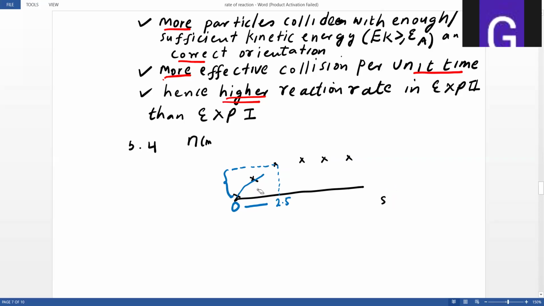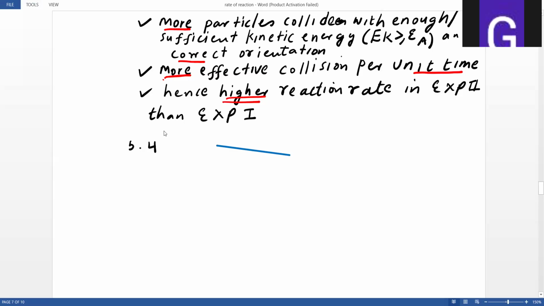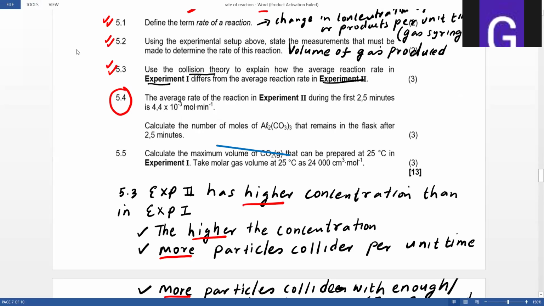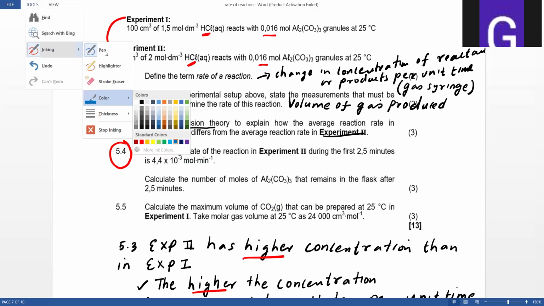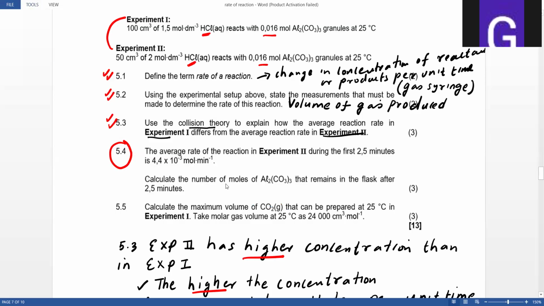Let's just look at the calculation then. What are we given? We're given the rate of reaction in experiment 2 during the first 2.5 minutes.